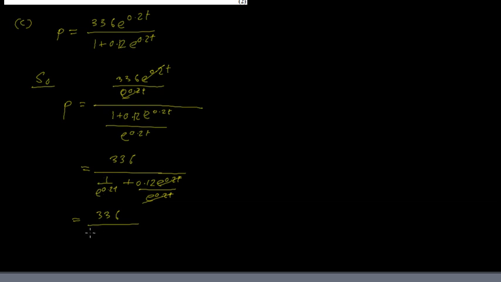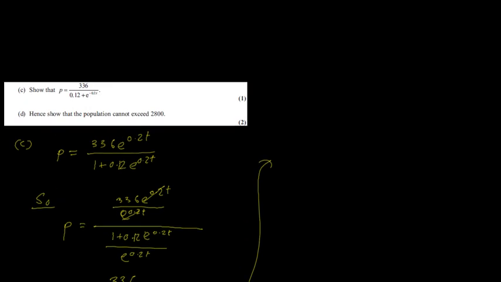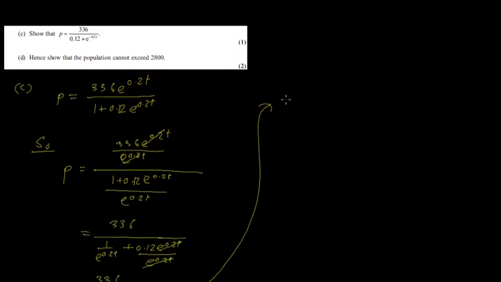If you bring this upstairs, it would be e to the power minus 0.2t and this would be only 0.12. So if we simplify this, we can write P equals 336 divided by 0.12 plus e to the power minus 0.2t.